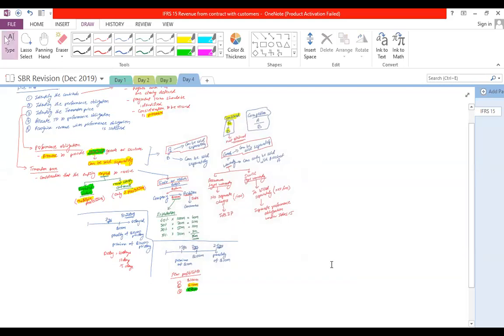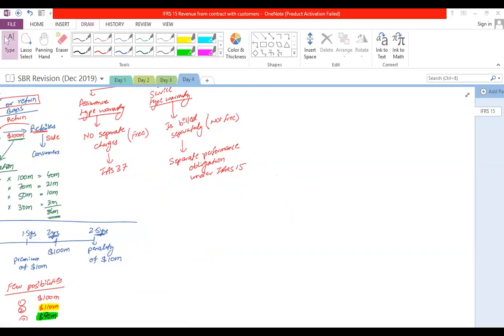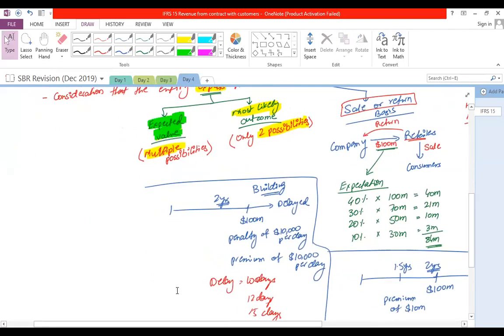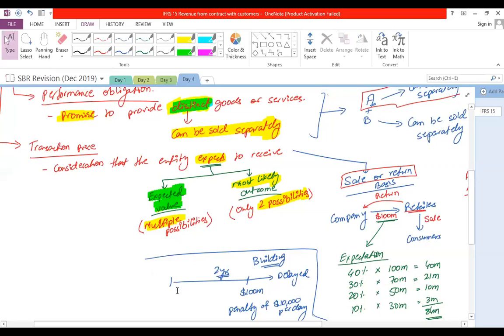It's quite difficult for me to make the space. So we have discussed the first point, that the consideration is what the entity expects to receive. Yes, Hannah, thank you, but let's ignore that for the time being.